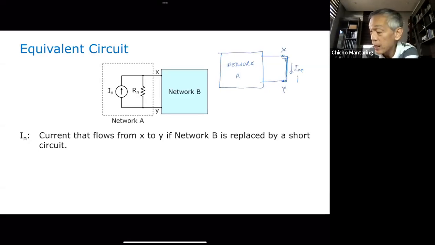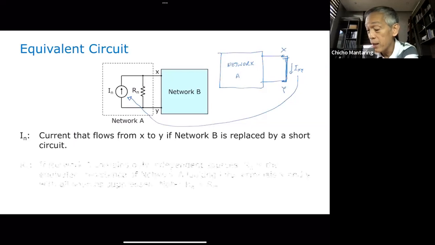This I_XY is what will be my Norton current. It is the short circuit current that will flow through a short connected between X and Y, the terminals at which network A and network B are connected.